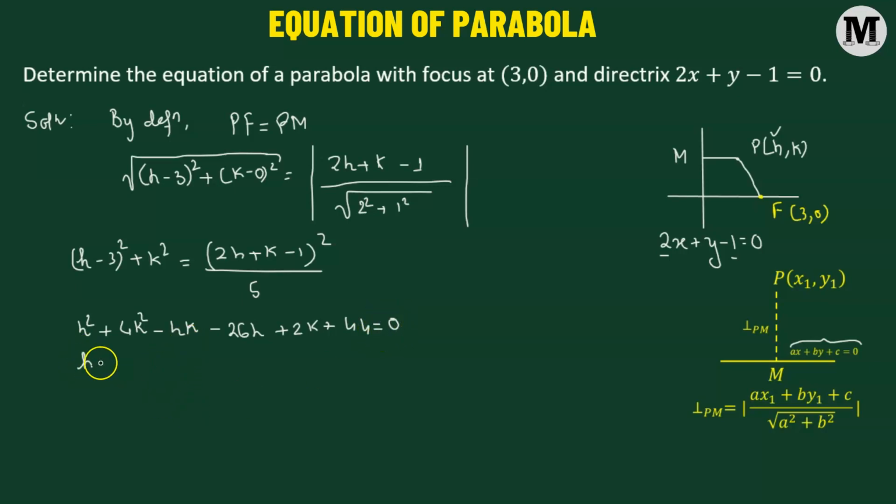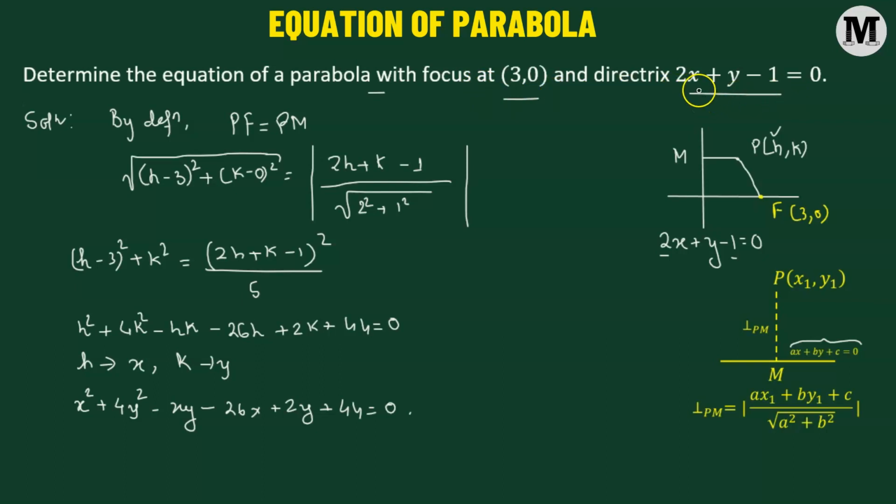All we have to do is finally replace h with x and k with y. And this should give us x squared plus 4y squared minus xy minus 26x plus 2y plus 44 equals 0. And this is going to be the required equation of the parabola, which has its focus at (3, 0) and the directrix having the equation 2x + y - 1 = 0.